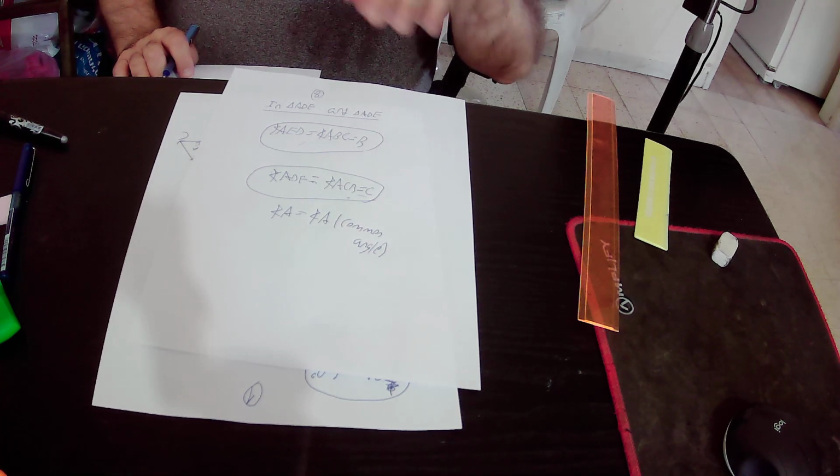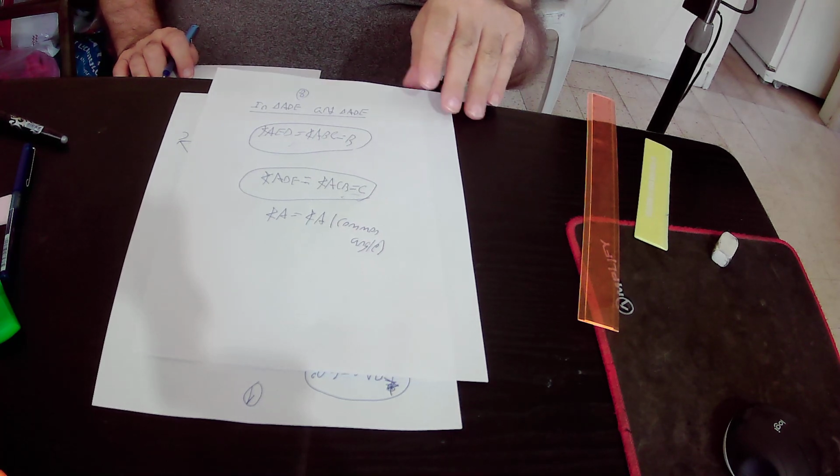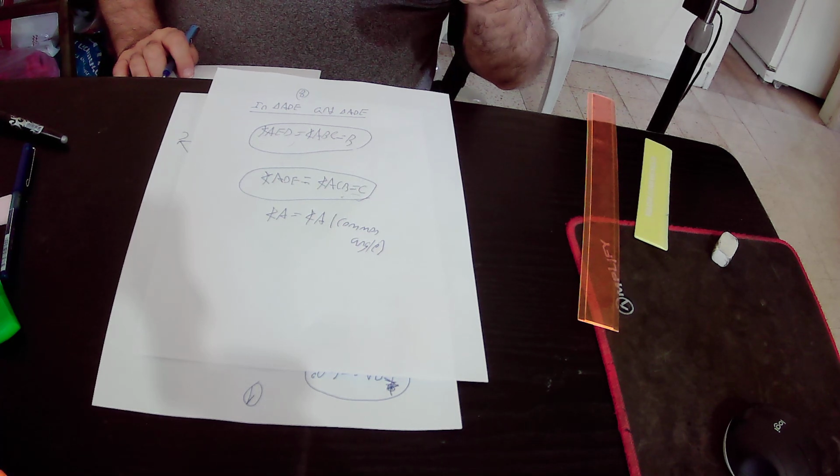So we actually proved that all the angles of the big triangle, triangle ABC, are congruent to all the angles of triangle ADE.